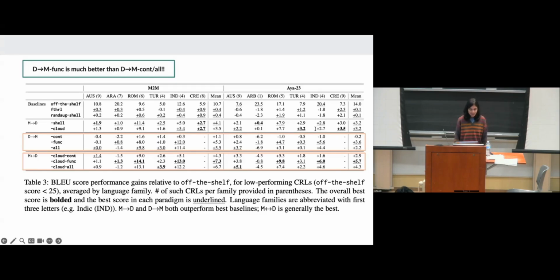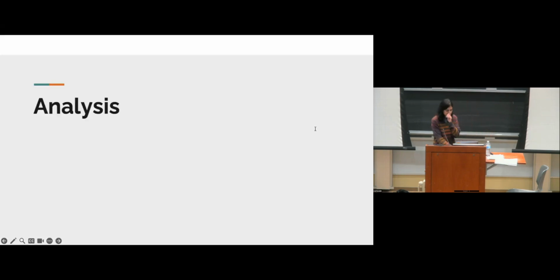The other thing that contributes to this is that function words are a small set and they're easy to collect really clean lexicons for, as opposed to content words. Those are noisy, and that means we end up introducing a lot of noise when we try to do DTM with content words. And that is hurtful, especially for higher resource languages.